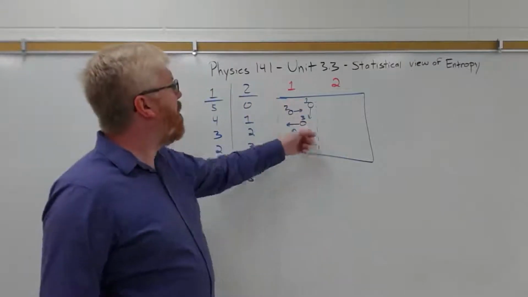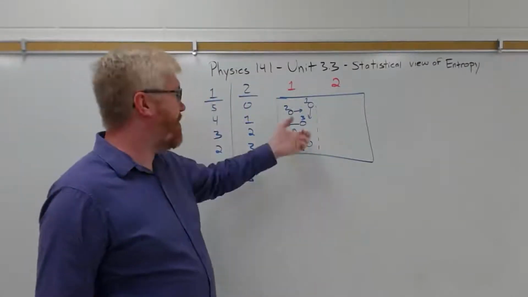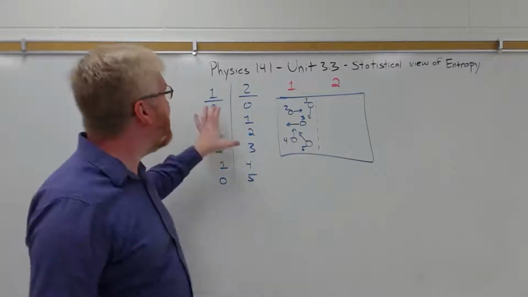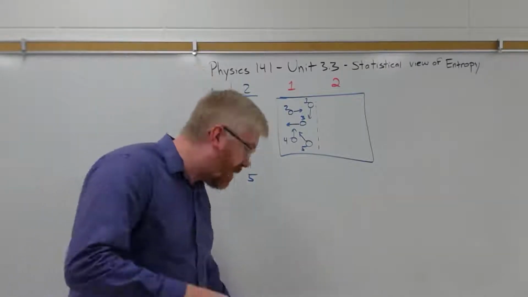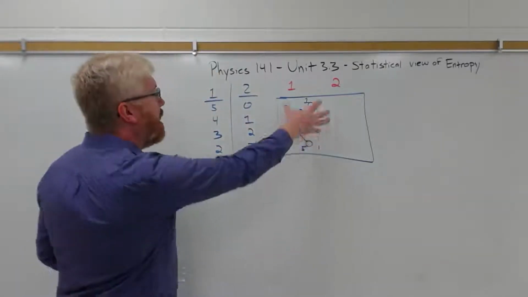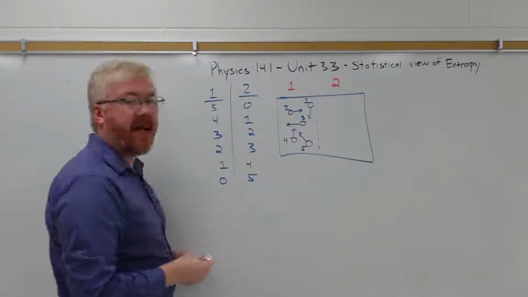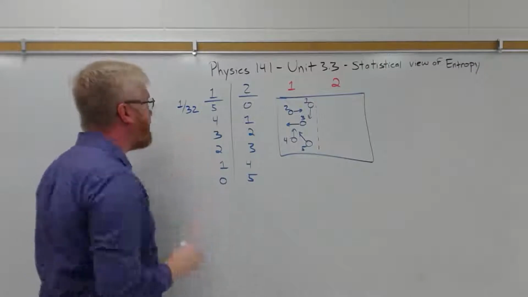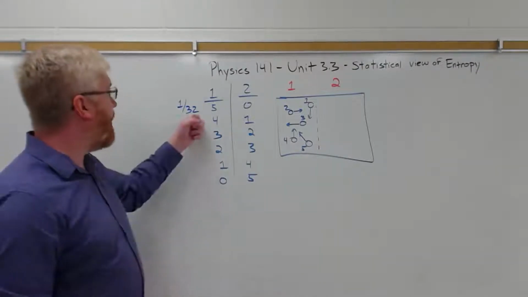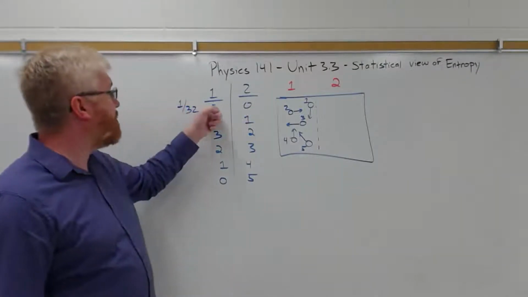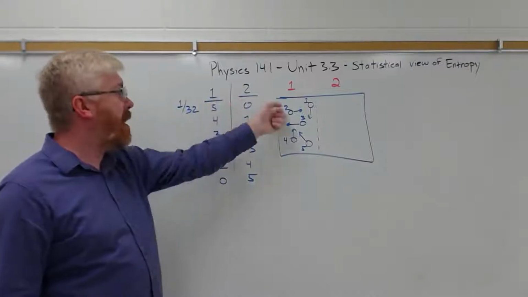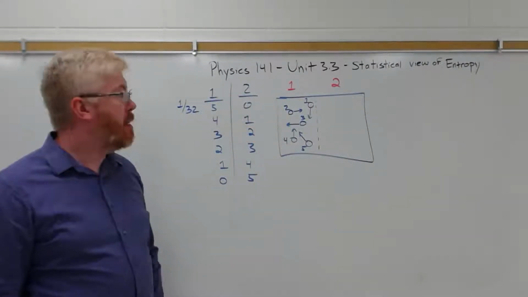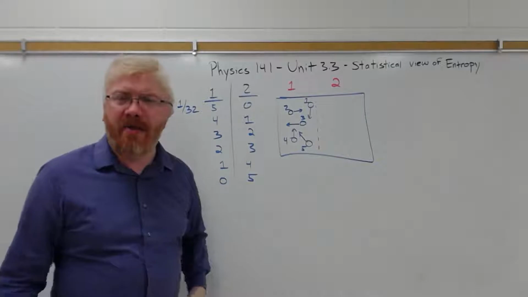So for small numbers of helium atoms, 5, it's not completely outrageous that if you took a snapshot at some later time, all the helium would be back on that side of the room, right? There's a 1 in 32 chance. The 32 possible microstates, one of those microstates is having all the helium on side number 1. That's not outrageous, 1 in 32, right?